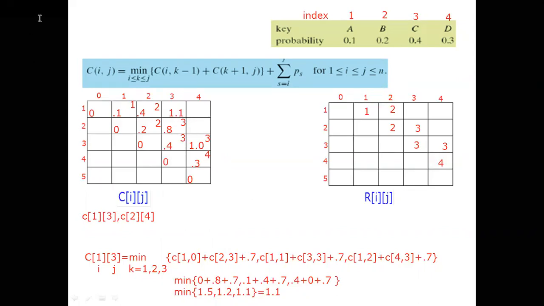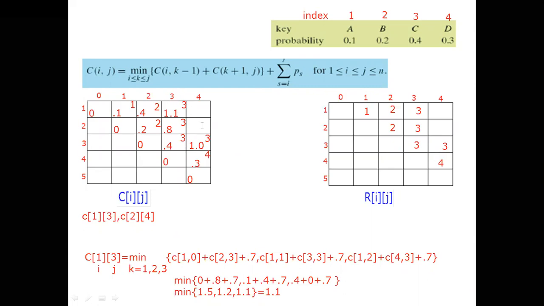It is 3. I should write it as superscript 3. I hope you got it. That 3 I should write in one more place, 1, 3. Here I should write it as 3. That also I will write now.